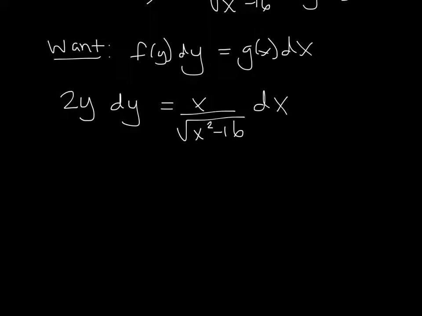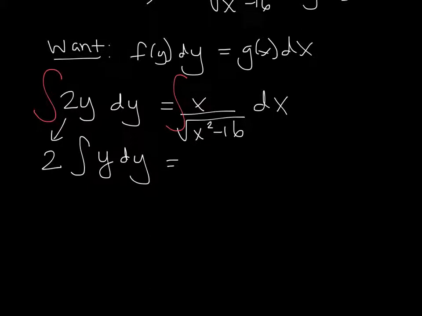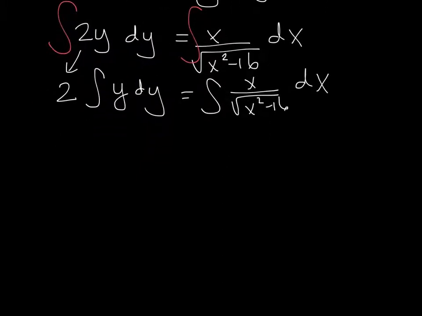Let me just pick a different color here. I can integrate now, but I'm going to rewrite. Using the constant multiple rule, I can take out the 2: 2 times the integral of y dy equals the integral of x over this radical function dx.